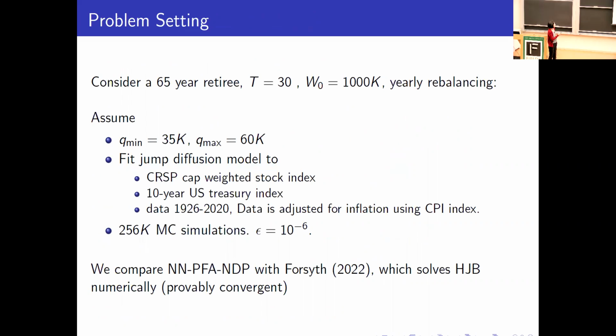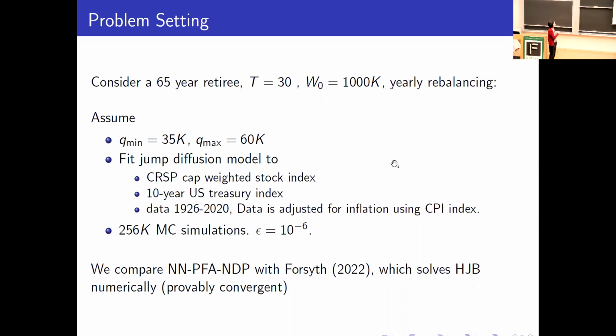Let's look at this computational setup. We have a 65-year-old retiree with 30 years of planning horizon. He starts with $1 million of portfolio and follows a yearly rebalancing, withdrawal, and allocation investment strategy. We set Q min to be 35,000 and Q max to be 60,000.